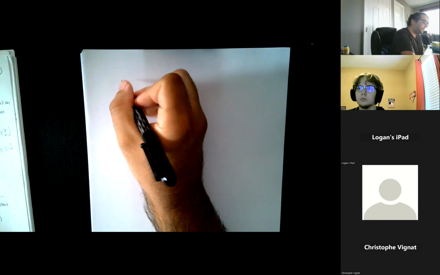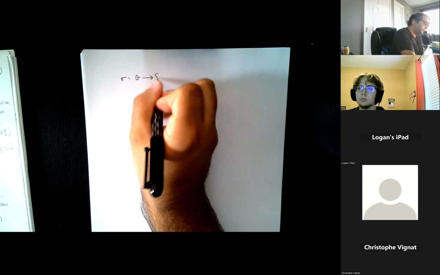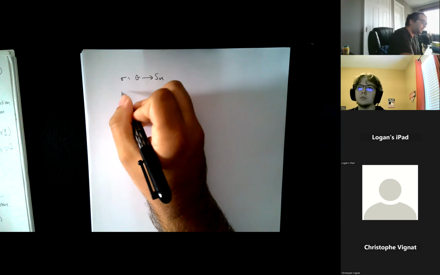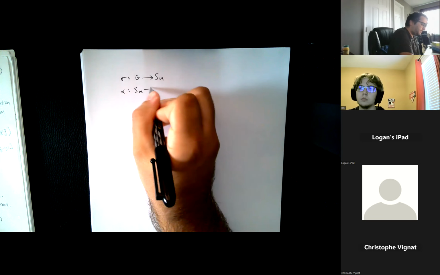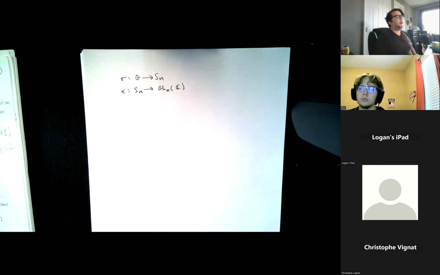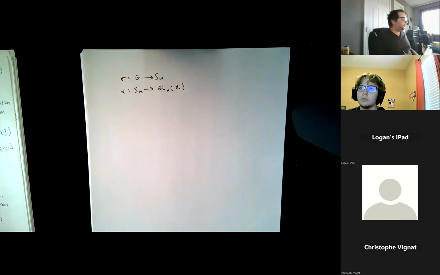All right. So given a group action, we'll continue to call it sigma, we can compose it with the standard representation. That's the representation we got from applying the permutation to the rows of the identity matrix.